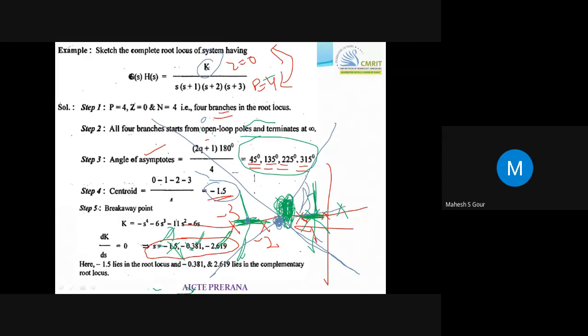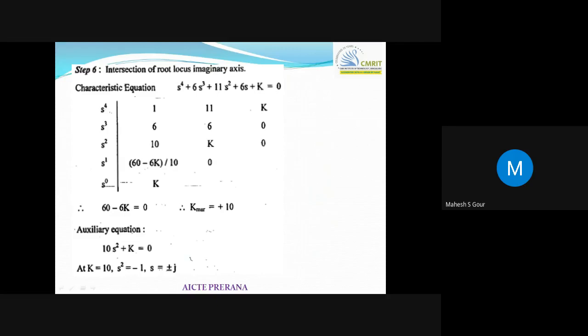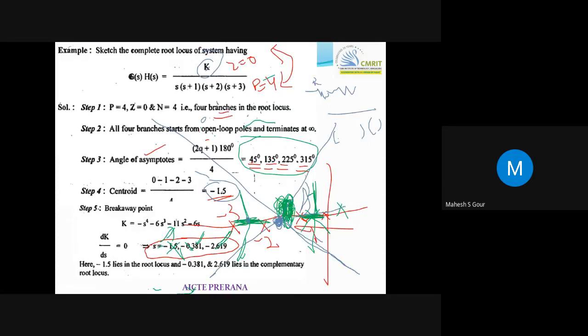See, when you draw your RLC circuit, you'll get some transfer function. When you put values here, what is your k value? Like this you should solve.